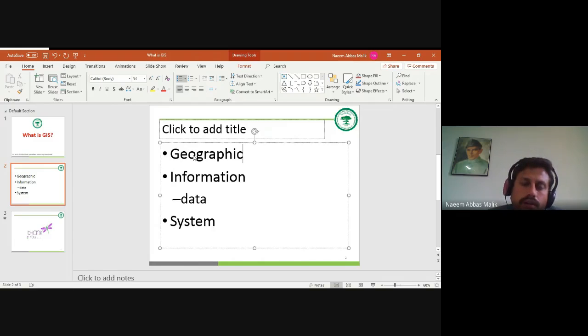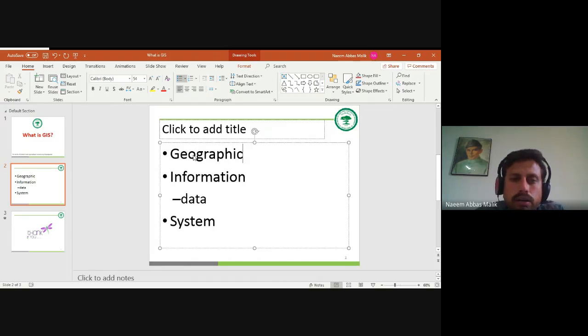Geographic data, as I already explained, is data which has some locational component. I will explain in later videos what is meant by geographic data, but it contains location information in the form of latitude, longitude, and the Z component, or the elevation component, as well.